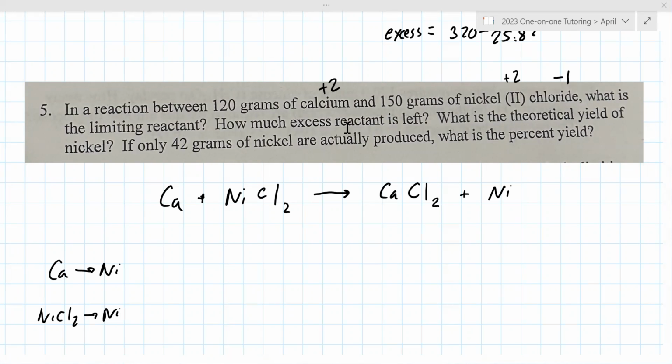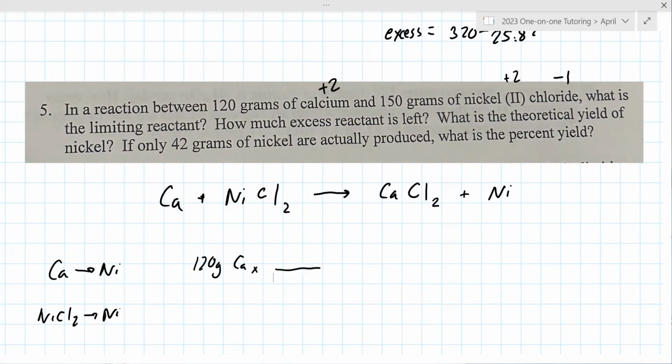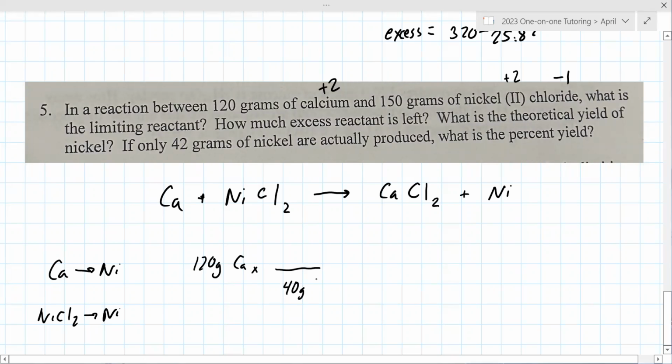Okay. Well, so we got 120 grams of calcium times, we're going to find the mass of calcium, which is 40. So there's 40 grams Ca in 1 mole. And we know it's 1 mole to 1 mole, so this is 3 moles.